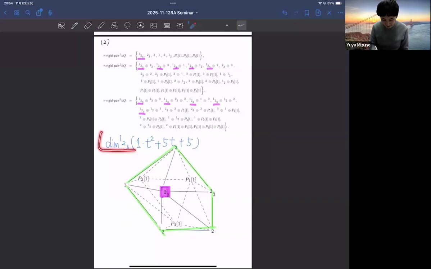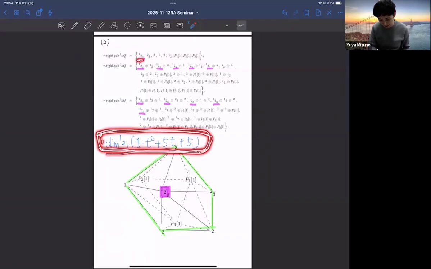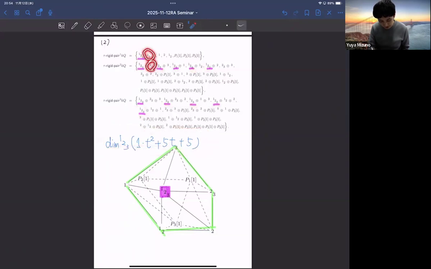So by considering this polynomial, we can calculate about these purple lines. And similarly, we can consider this for each indecomposable projective. So this just changes the way to calculate.